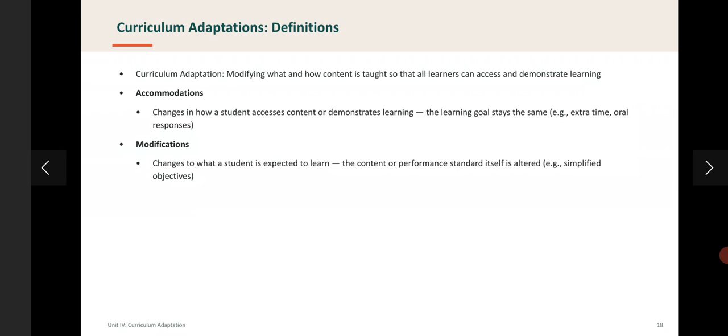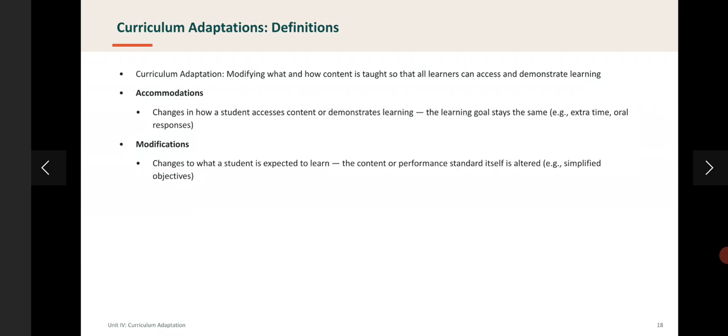Okay. Modifying what and how content is taught so that all learners can access and demonstrate learning. That is the first thing. So this is accommodation. We know that it means modifying what and how content can be taught to all learners.